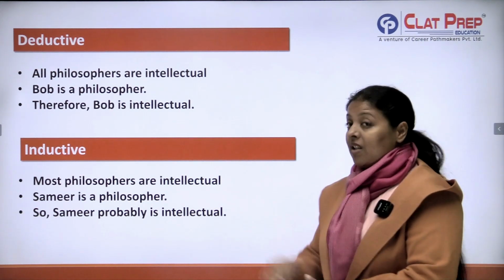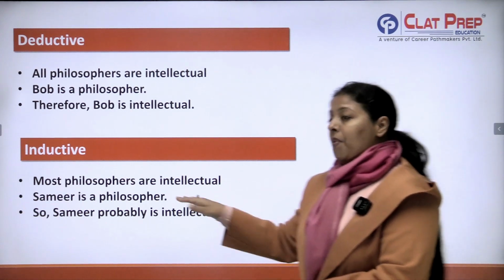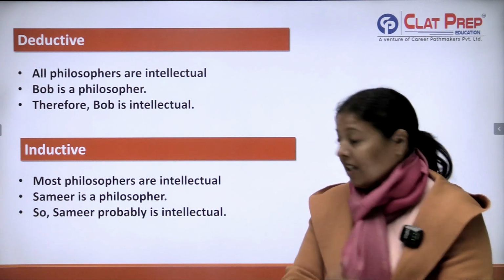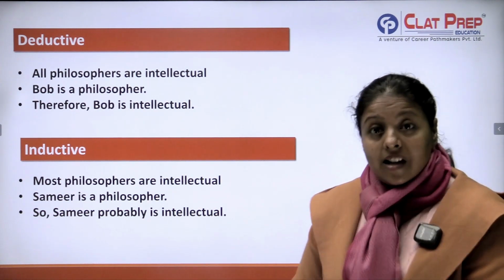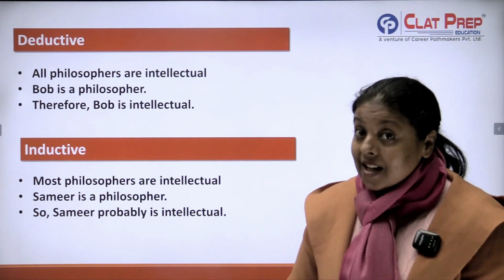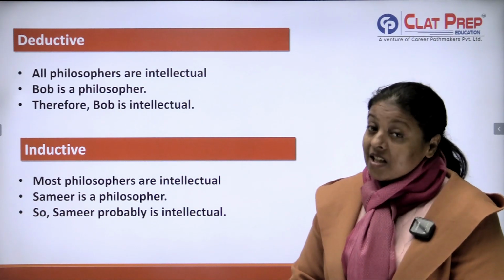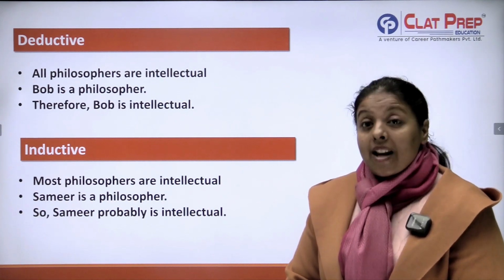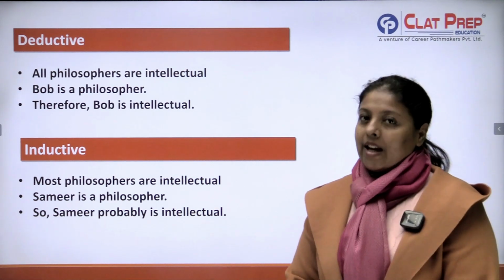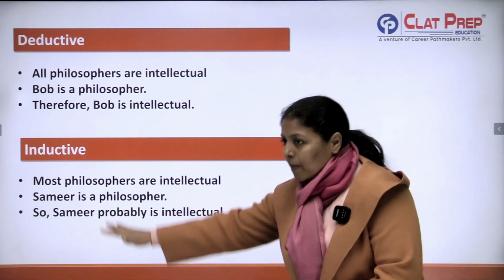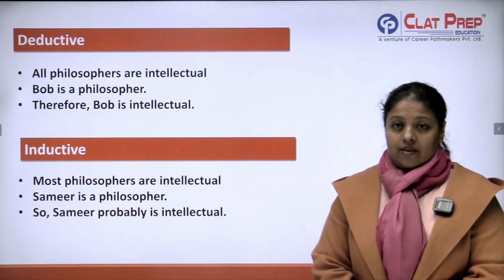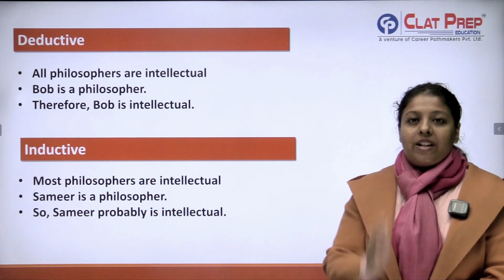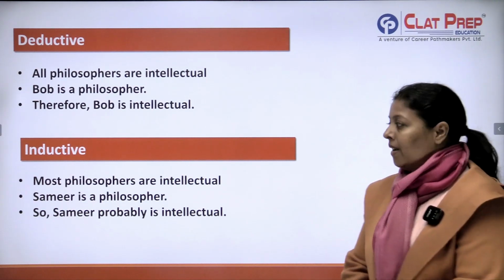So when this statement says most philosophers are intellectual, Samir is a philosopher, can I conclude with 100% certainty that Samir is intellectual? No, I cannot. But can I say that Samir probably is intellectual? I can. But shall I with 100% certainty? No, I cannot. So because I cannot, this type of reasoning is known as inductive reasoning. That reasoning in which the conclusion cannot be stated with 100% certainty.